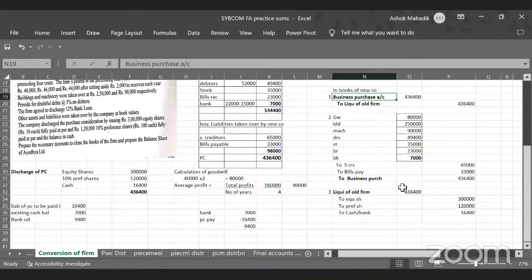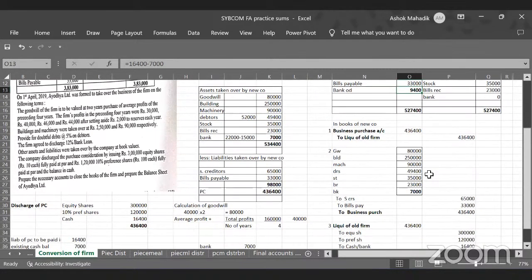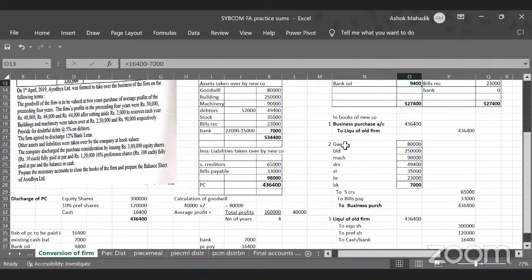Now see, in yesterday's balance sheet, our bank showed an overdraft. Can you see it here? 9,400. Some students were confused about how we got this. If you look at these journal entries, the three entries, you will get the answer. Look, in the second entry, we got a bank balance as part of the assets.